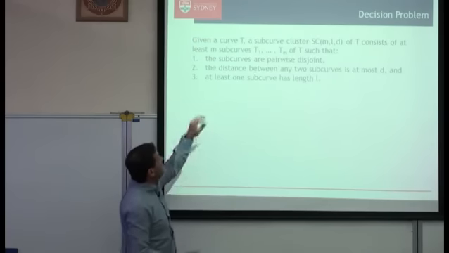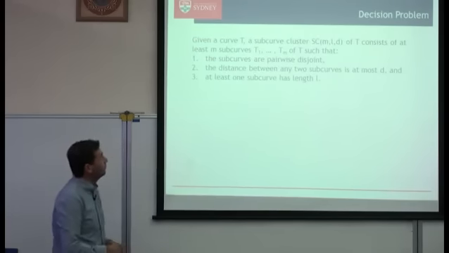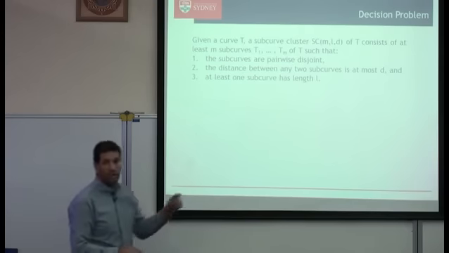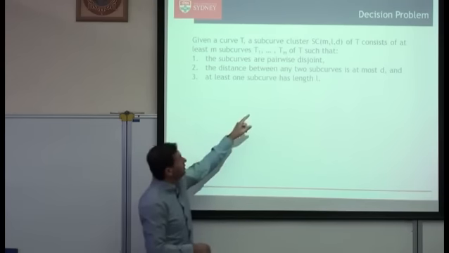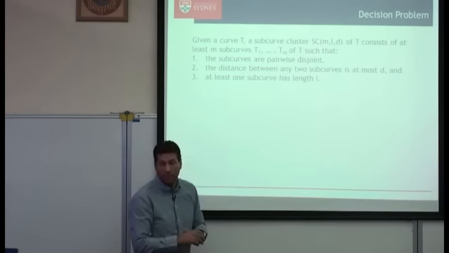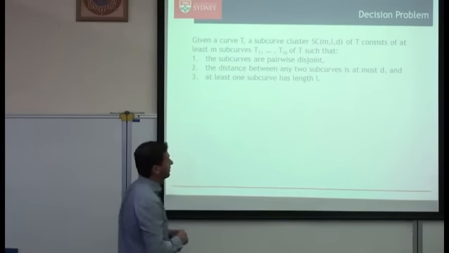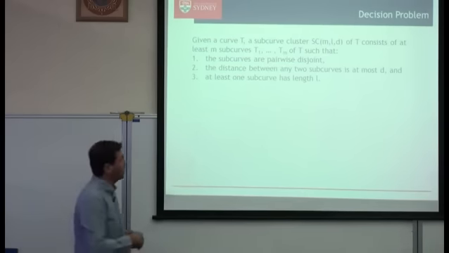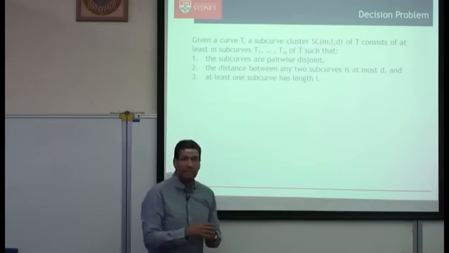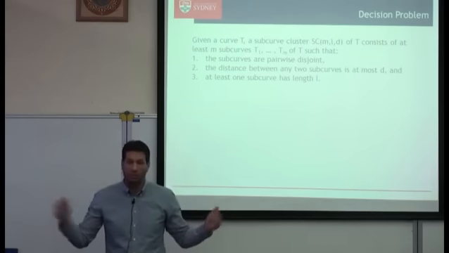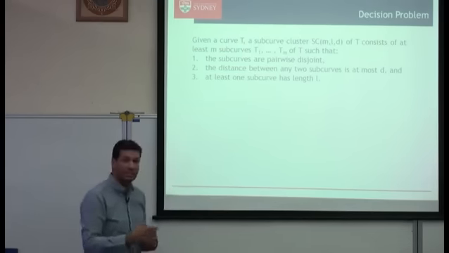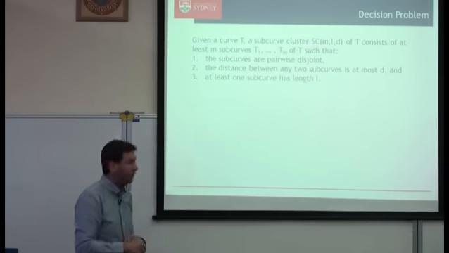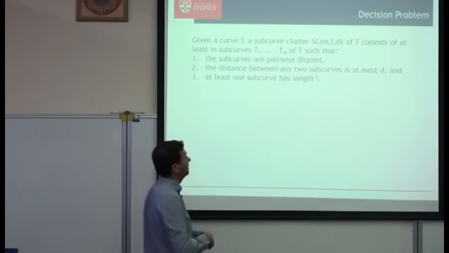So I'm given a curve T and a subcurve cluster, which I will denote by SC. It has three parameters. M is the number of subcurves. L is the length of that subcluster. And D is the distance between any pair of subcurves in my cluster.